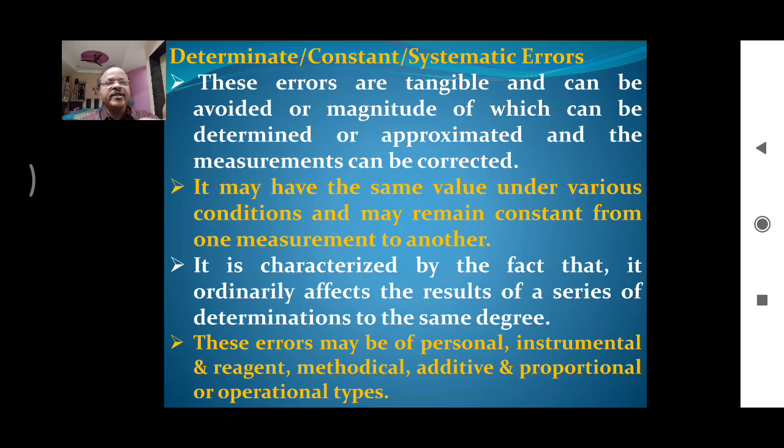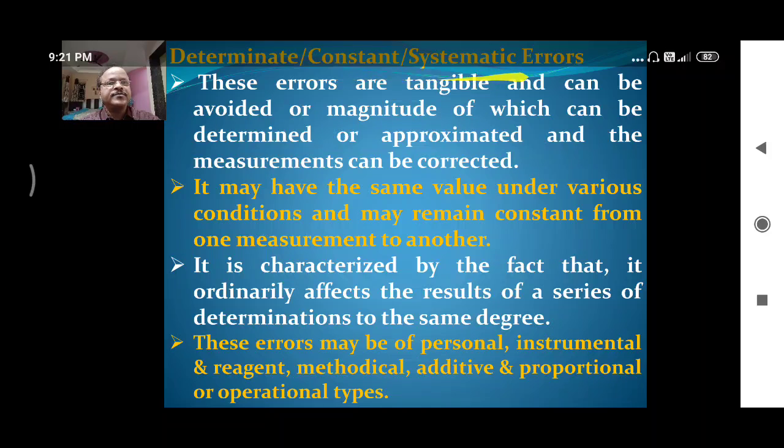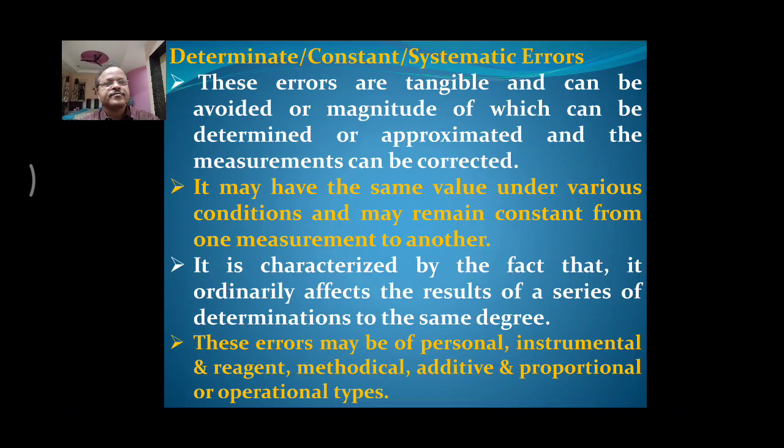Now let's begin with the determinate, or constant, or systematic errors. What is meant by determinate, constant or systematic errors? These errors are tangible, they are certain, and they are fixed and can be avoided, or their magnitude can be determined or approximated, and the measurements can be corrected.